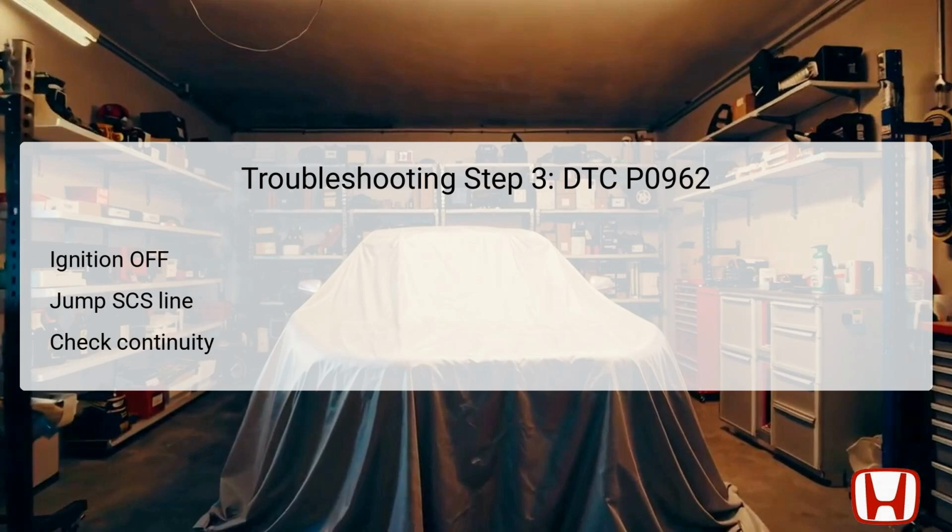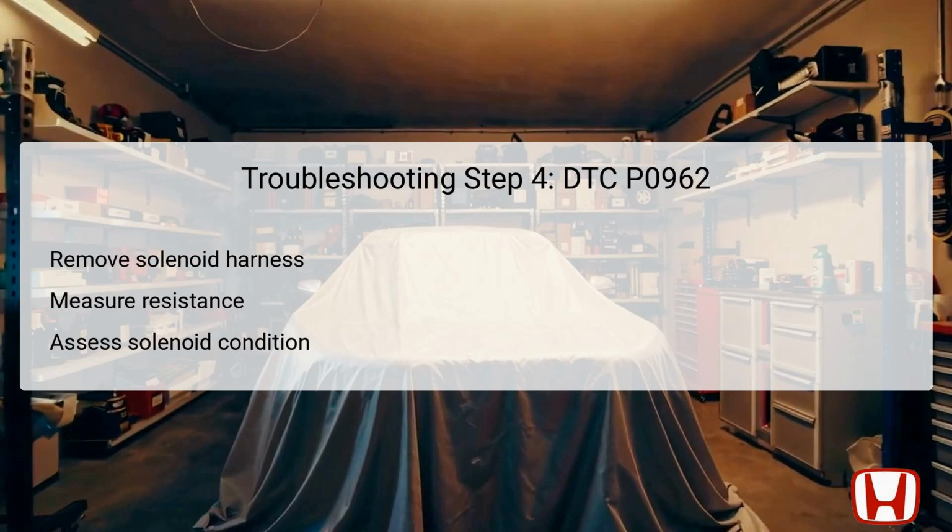Now, check for continuity between designated test points 1 and 2 within the DRLS line. This stage verifies if there is an open circuit causing the DTC P0962, and if continuity exists, it indicates the DRLS wire and connections are functioning as intended.